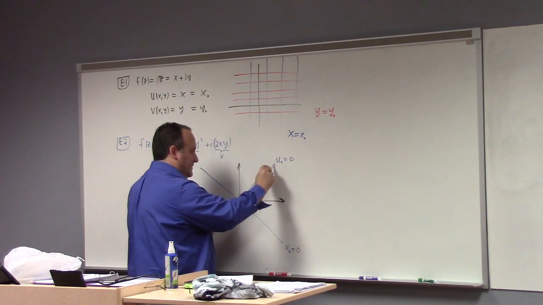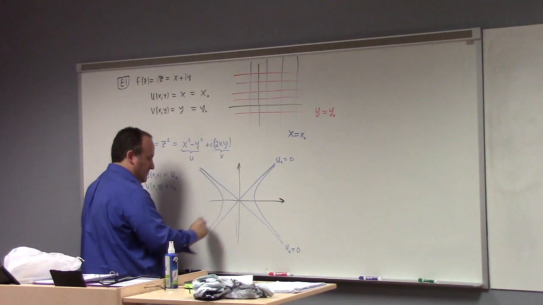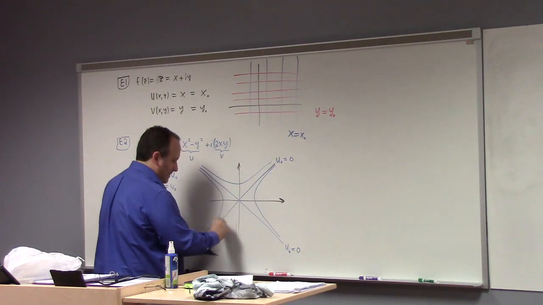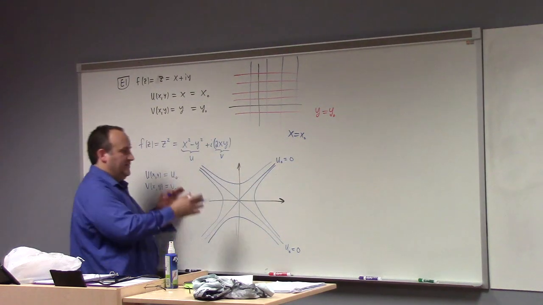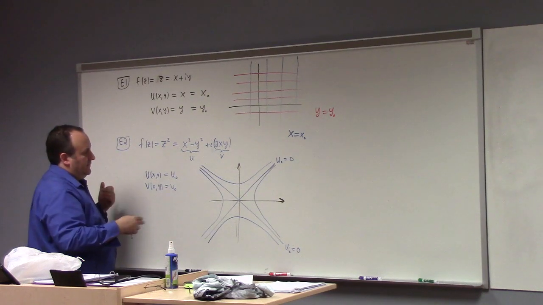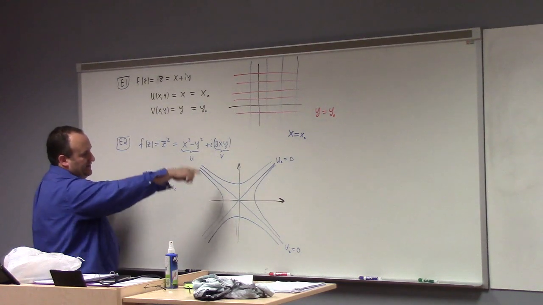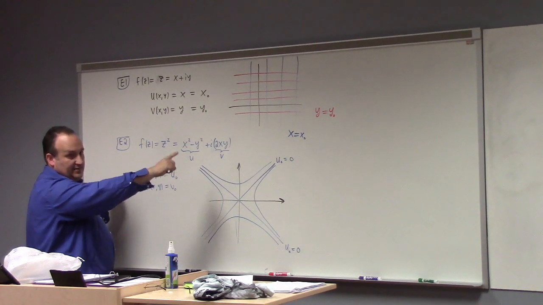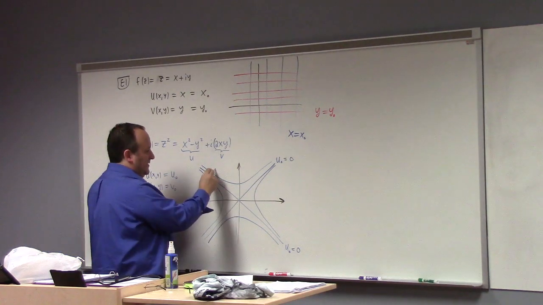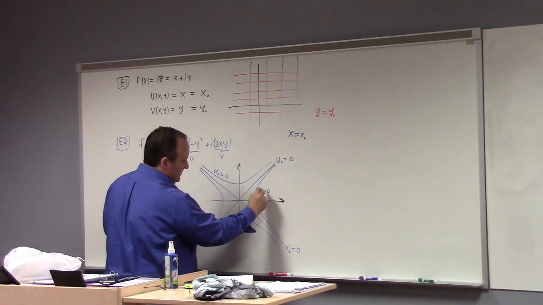And otherwise we get these hyperbolas. You could work it out: the vertically opening ones don't have y equals 0, so the vertically opening ones are like u naught greater than 0, and these over here would be u naught less than 0, horizontally opening.